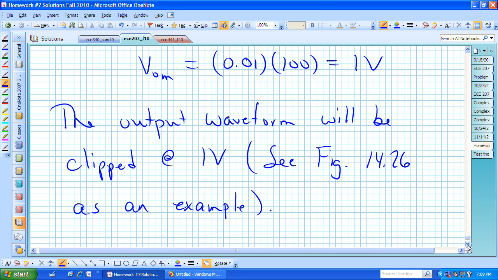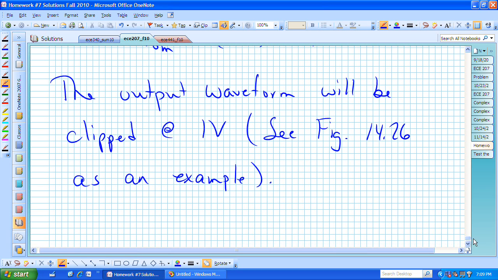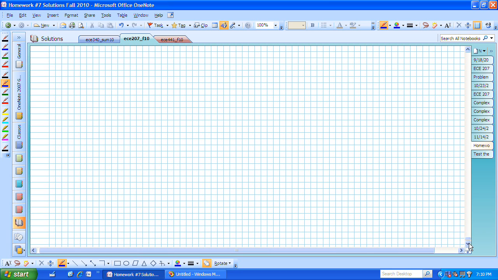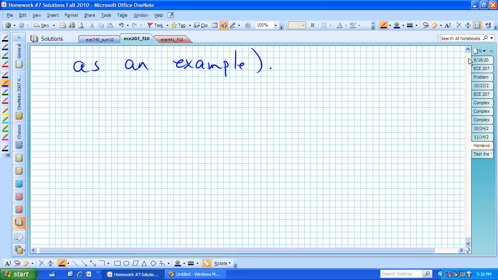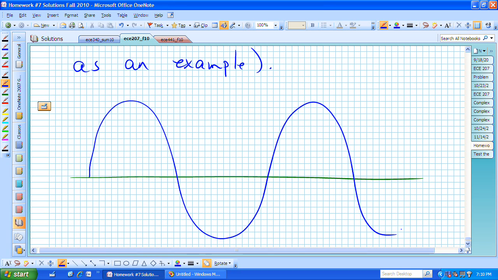If I could draw it, let me see if I can give you a little bit of a feel for what that might look like if I can sketch something. Suppose that we now have our ideal output.